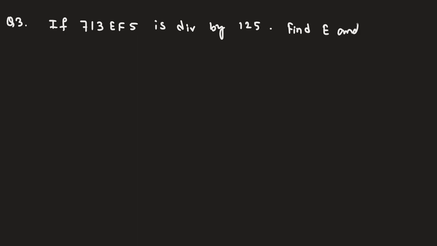Okay, now next is question number 3. Question number 3 says that if 713EF5 is divisible by 125, find E and F. Find E and F. Okay, now since this number is divisible by 125, we know that the last three digits of the number must be divisible by 125.